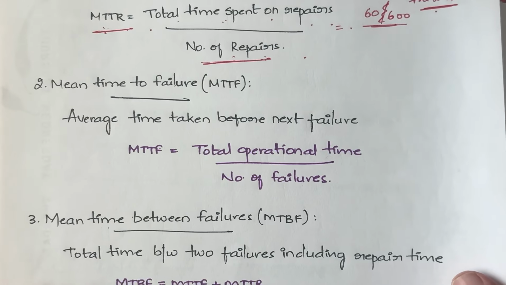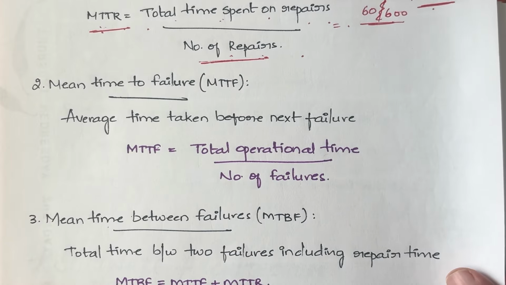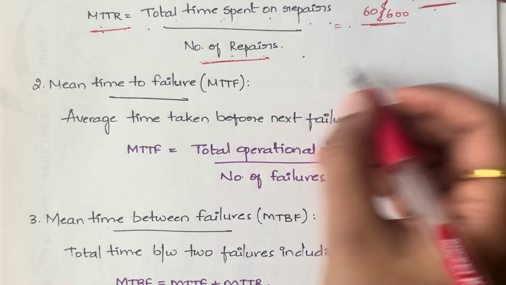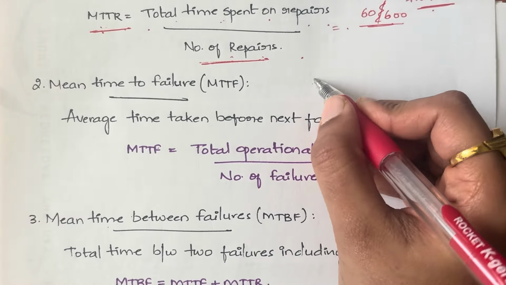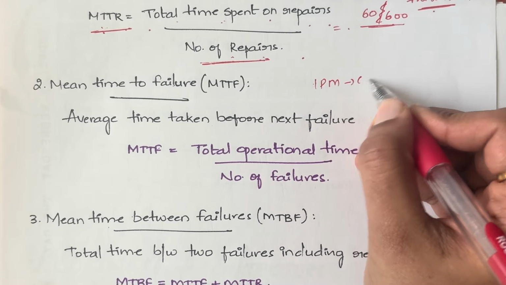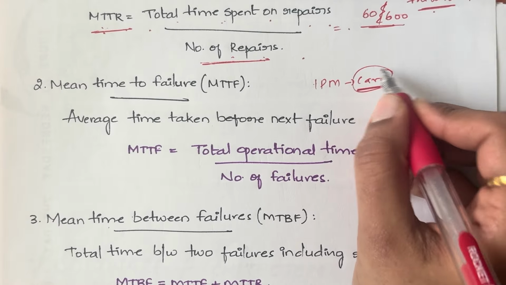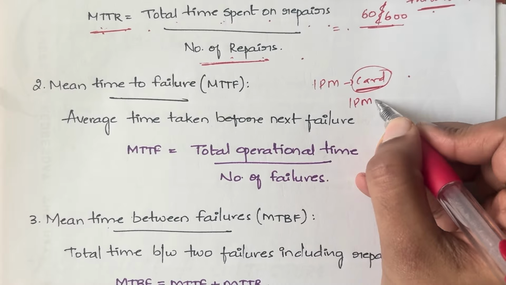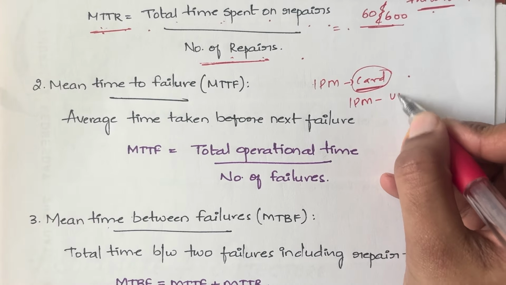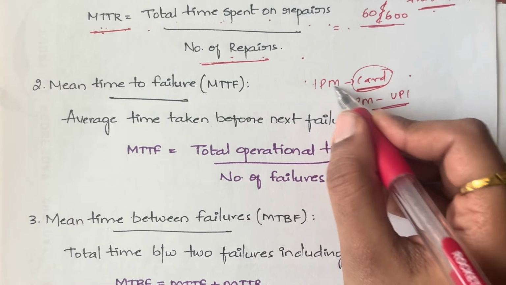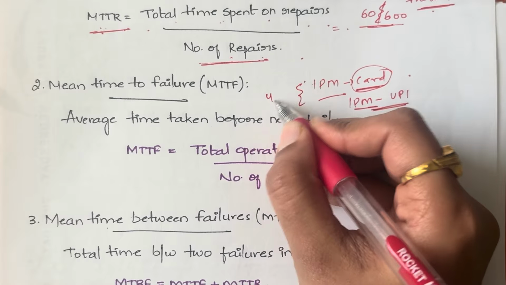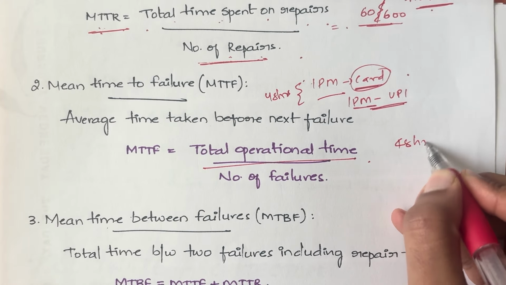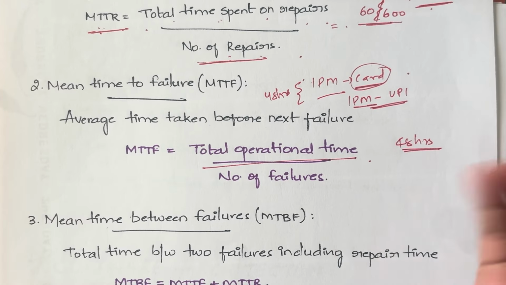Next is mean time to failure. This is nothing but the average time taken before the next failure. Let's say today at 1 p.m. you got a payment through card failure, and after 2 days, again at 1 p.m., you got a payment through UPI failure. Between this 1 p.m. and that 1 p.m. you have a total of 48 hours, so the system was fine for 48 hours, and then you got a failure.